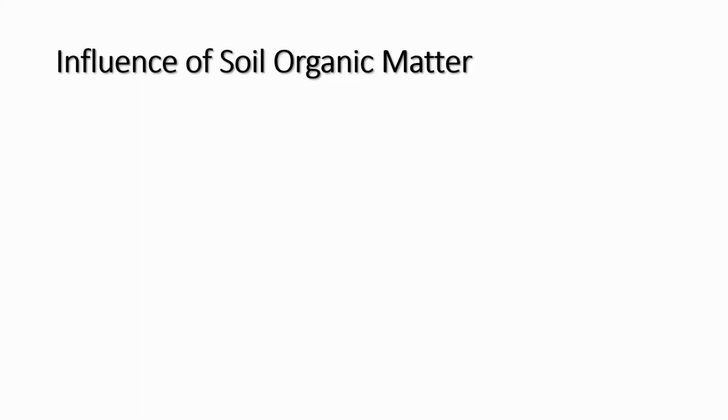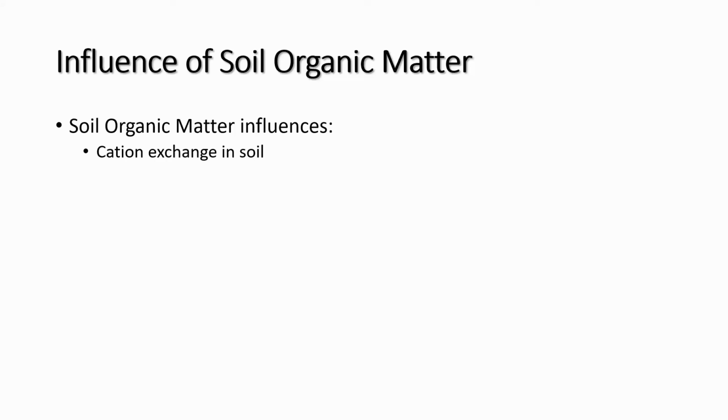How does this soil organic matter influence its environment, especially the soil and other things, other organisms, plants, animals or microbes living within the soil? Soil organic matter influences actually all this in a number of factors. Number one, we previously studied cation exchange capacity. Soil organic matter influences the cation exchange capacity. They have the nutrients, they have active functional groups which can react very easily.